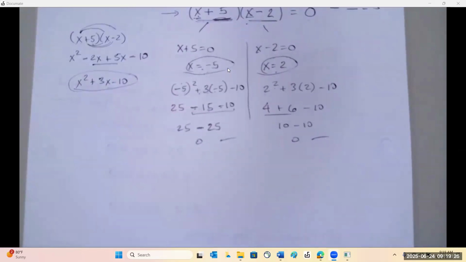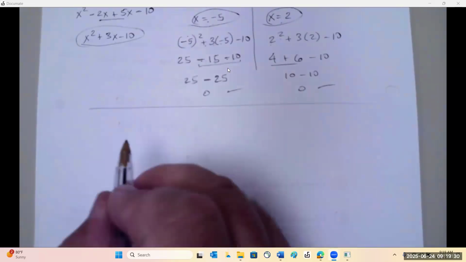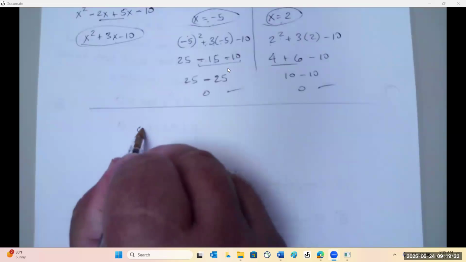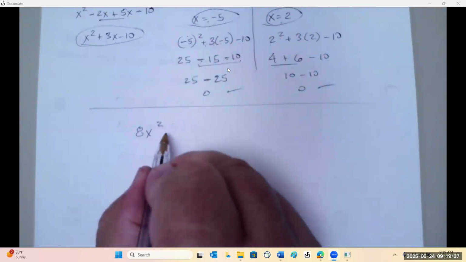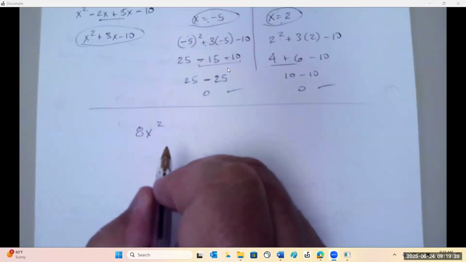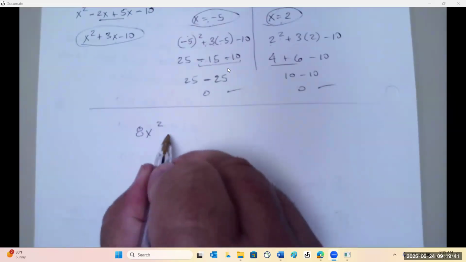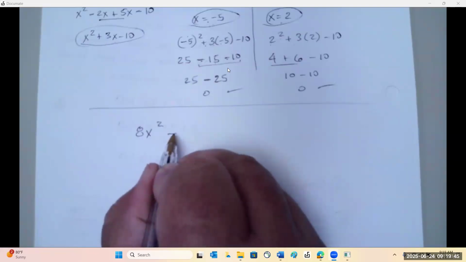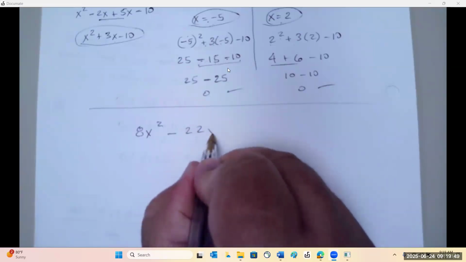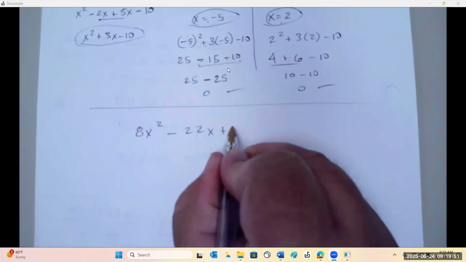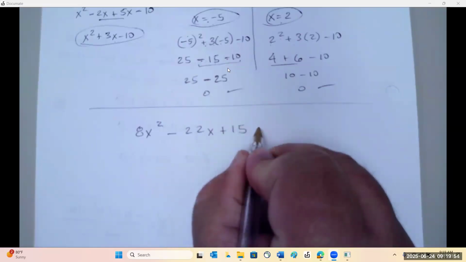Let me see here. I had one. So if I had, we did this one yesterday, 8x squared minus 22x plus 15.